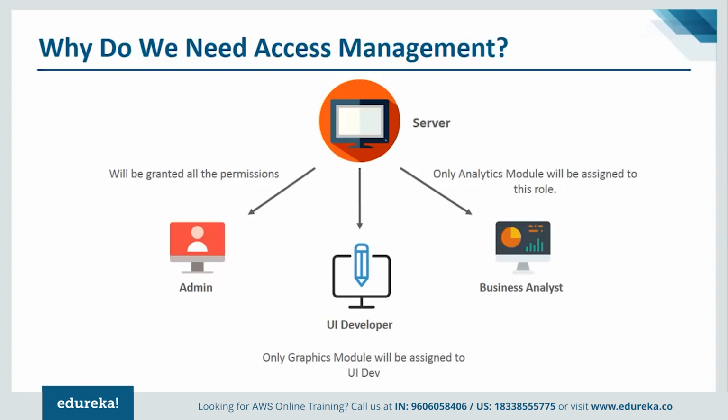So each and every user or each role will have specific rights assigned to them. And this is done by policies which are in turn given by administrators. So this is what access management is: giving each role the specific rights that they deserve. And this is what we are going to accomplish today in AWS. So this is why we need access management.